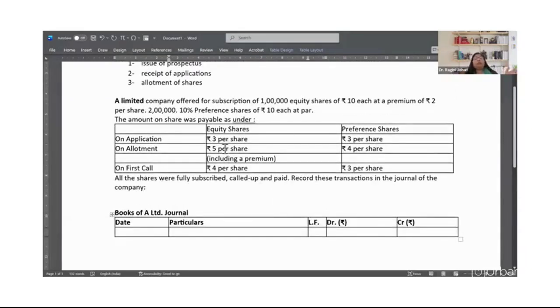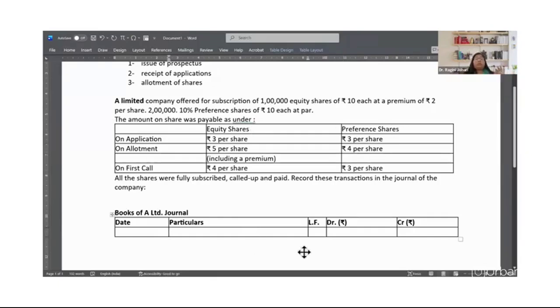Now since we have two types of shares, we could make two separate journal entries, one for equity shares and one for preference shares, or the most practical way, which is actually used in companies, is to do it in one journal entry only. The only thing is that every time we make the entry for equity shares as well as for preference shares.